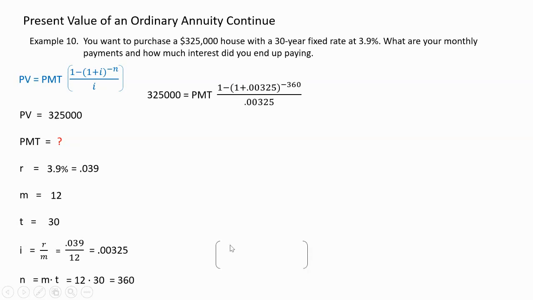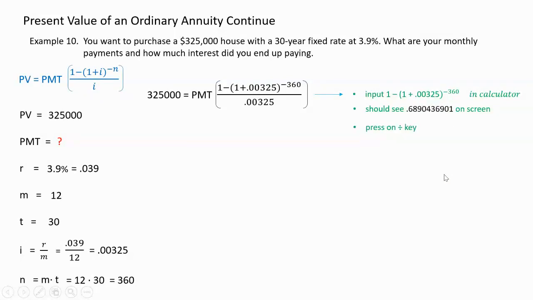So let's plug everything in. As before, we're going to plug in the numerator into the calculator. Once you do that, you enter, and this is what you should see, 0.6890436901 on the screen. Now you're going to hit the division key. Then you're going to enter 0.00325, and this is what's on your screen, 212.0134431.